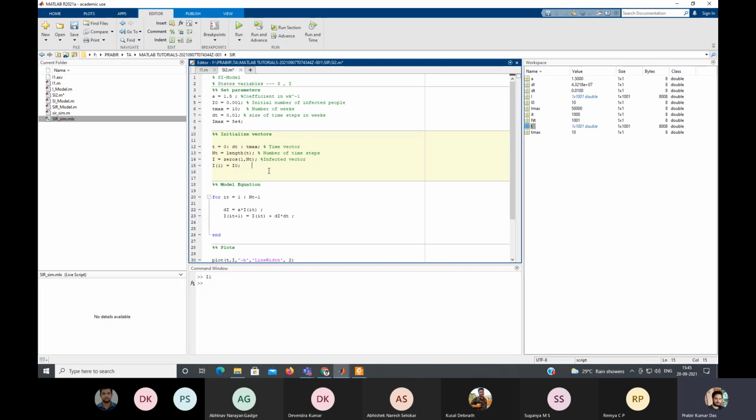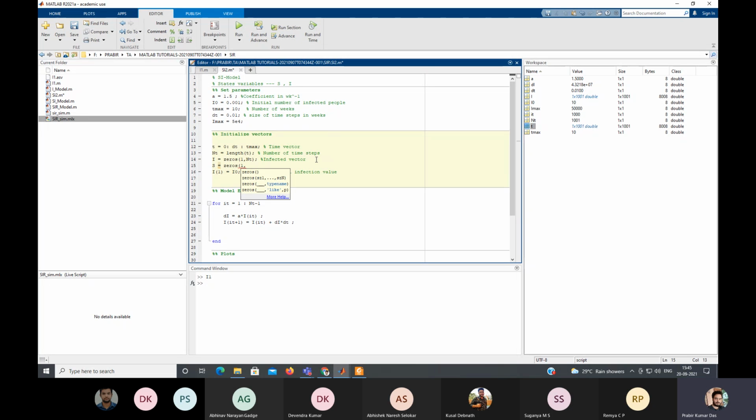I is the value I0. Here we have to introduce another vector, that is S, which will be equal to zeros and has also the same size as 1 cross NT. So you will create zero vector of S.